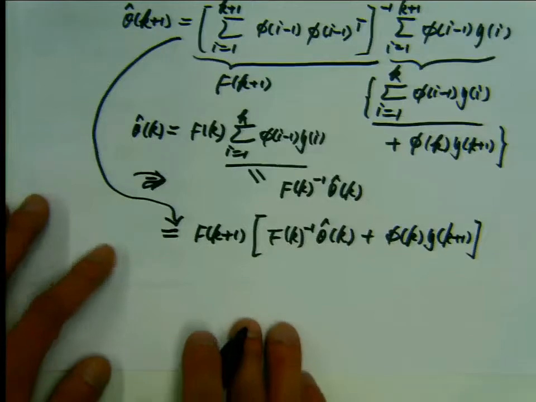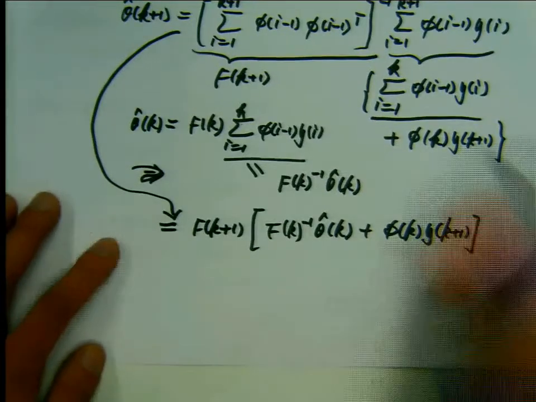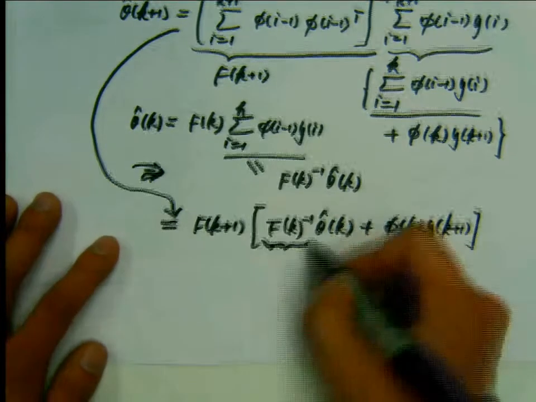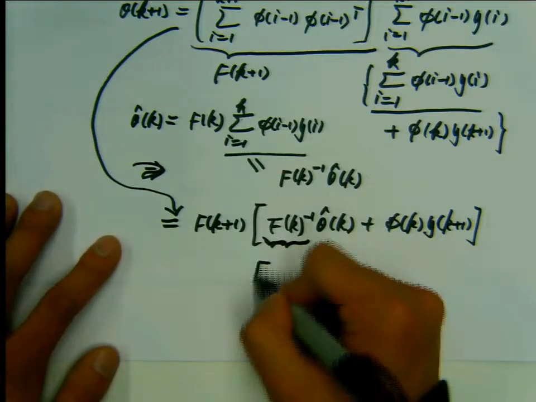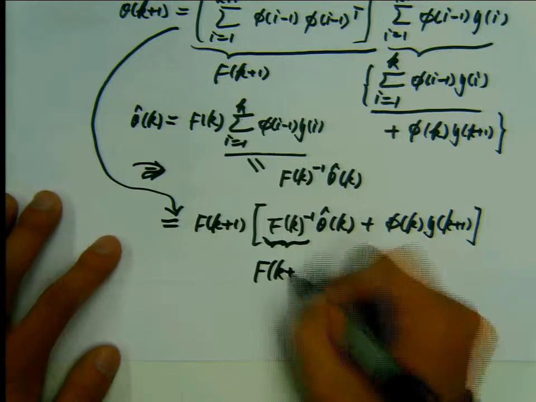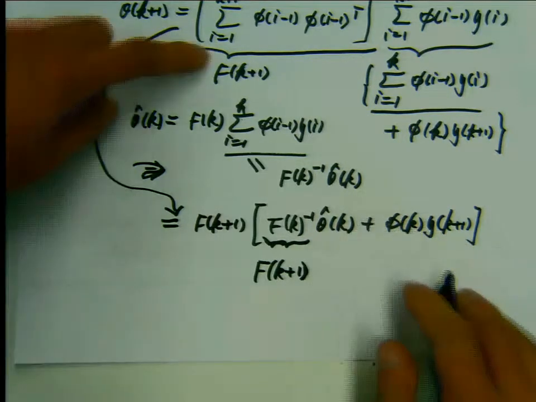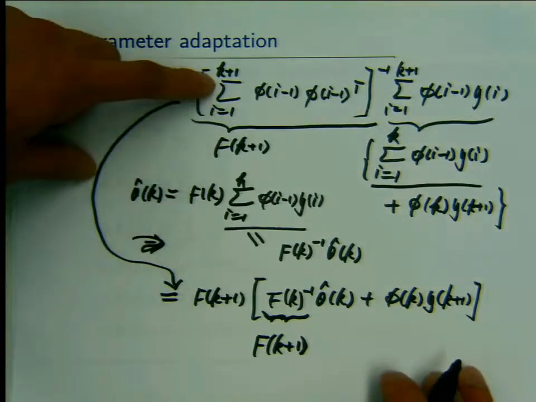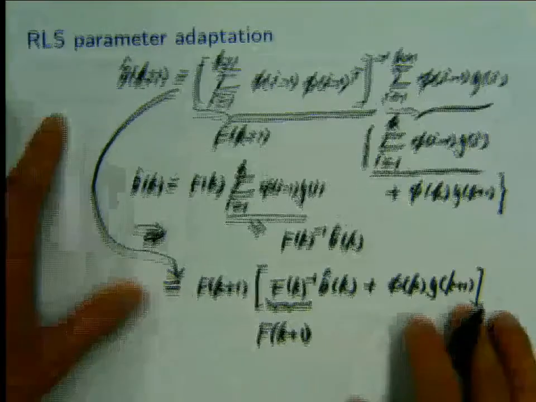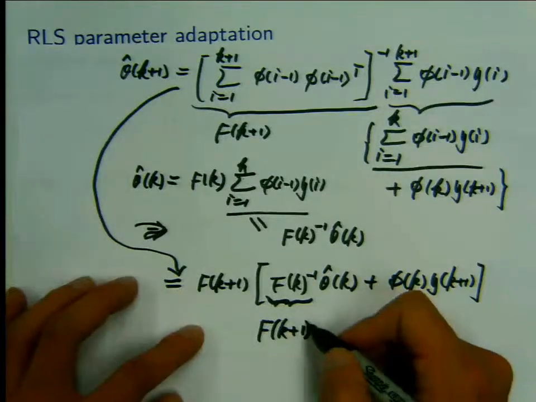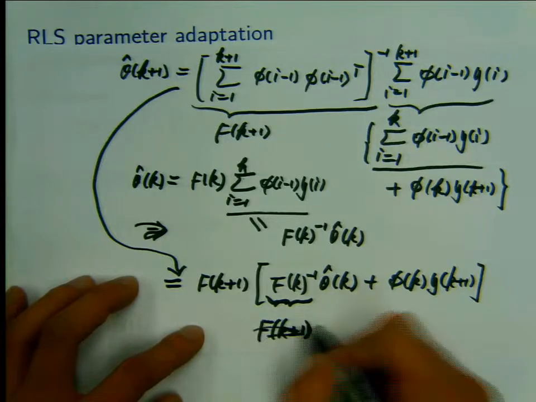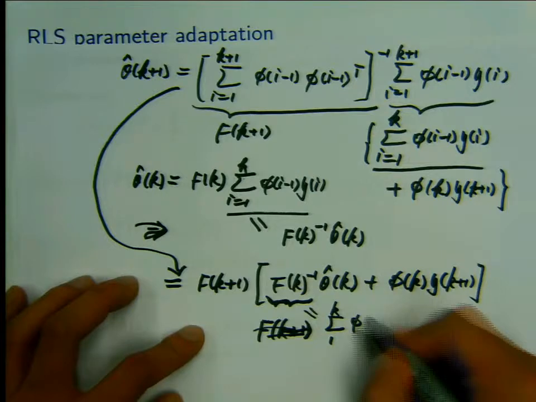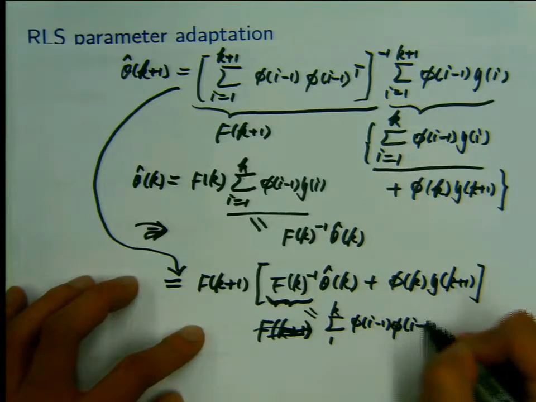Okay, so far so good. Now do one more step, and then things will be almost clear. F k plus 1, F k, what does F k equal if you follow the notations we have been using? F k is the inverse of the summation from 1 to k, so F k inverse is the summation from 1 to k of phi i minus 1 phi i minus 1 transpose.